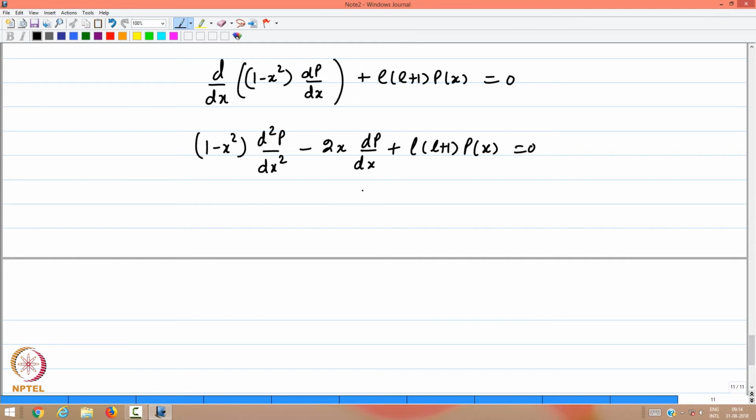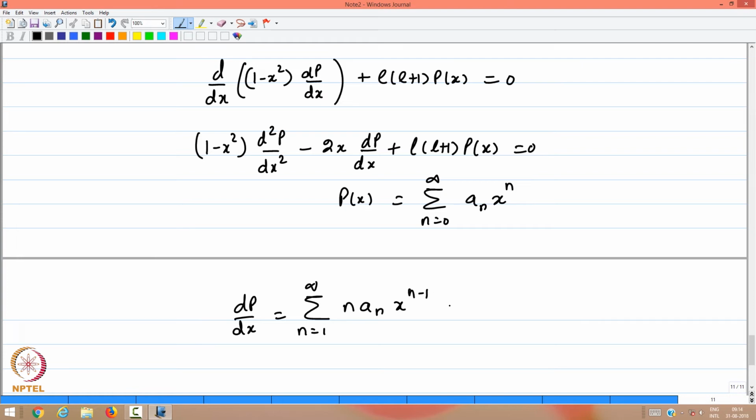And now, since P is already assumed to be this infinite series, which we will have to truncate later for finite solutions, dp by dx is of course the sum over n equal to 1 to infinity n a n x raised to n minus 1, and d square p by dx square is the sum n equal to 2 to infinity n into n minus 1 a n x raised to n minus 2.